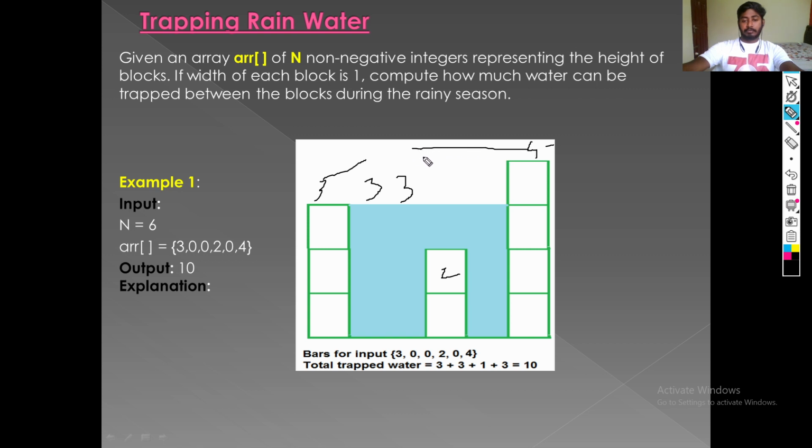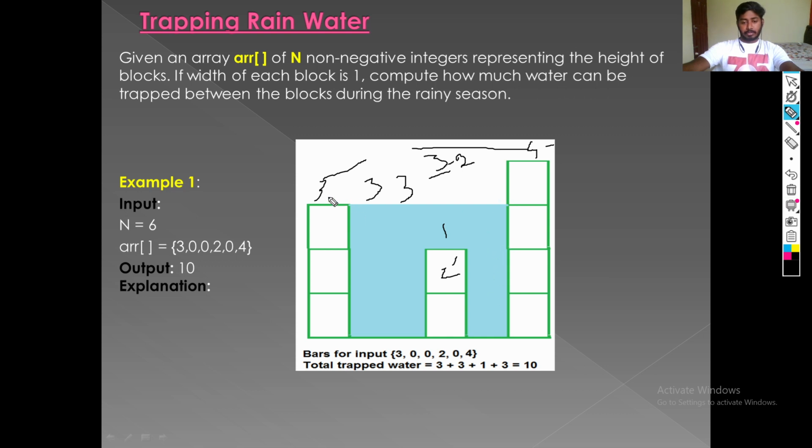The minimum of 3 and 4 is 3. The reason is that no water can be stored beyond this level. It is not even possible at all. So that is why we are taking the minimum of 3, and after taking 3 we have to subtract the current block height, which means 3 minus 2 gives us 1.